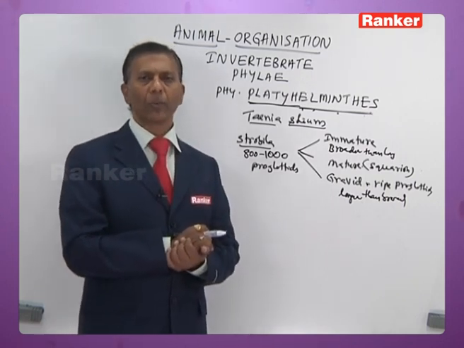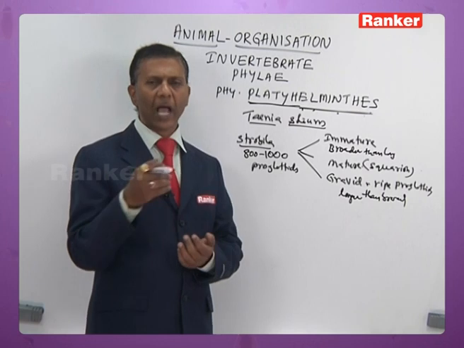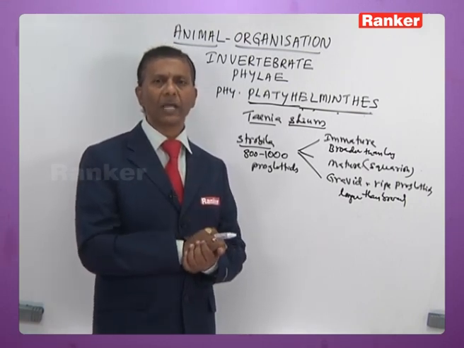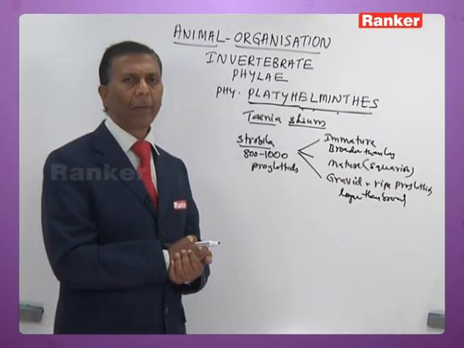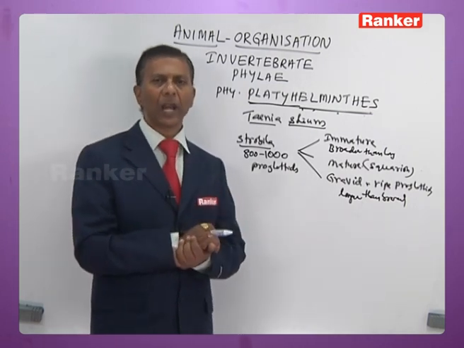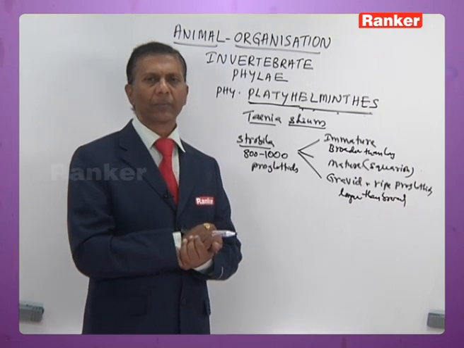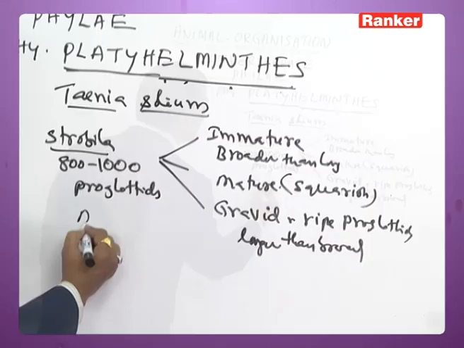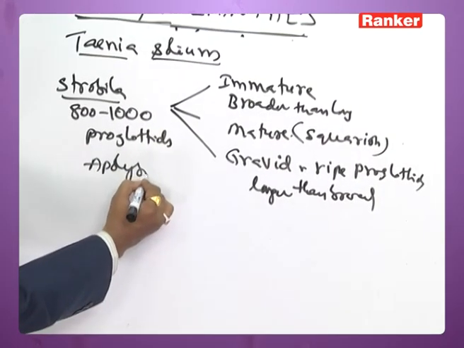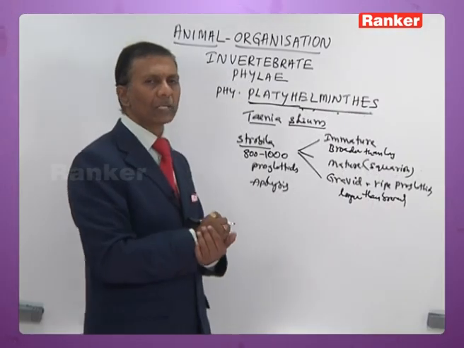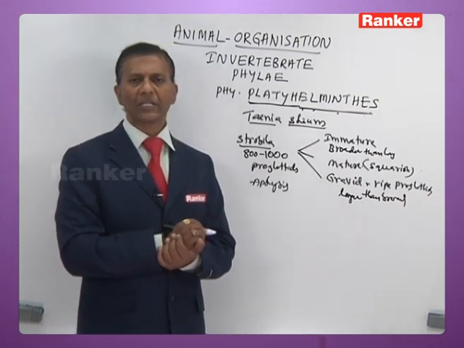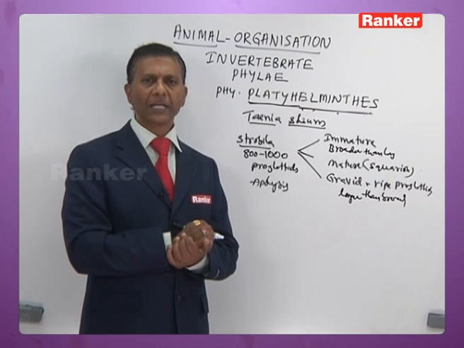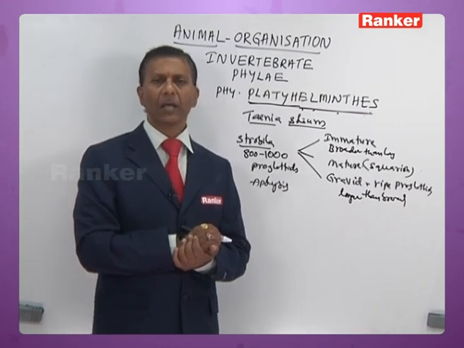Once gravid proglottids are formed in large number, they get detached from the parent and come out along with the feces for dispersal. The phenomenon of the detachment of proglottids to ensure dispersal and propagation of the parasite is called apolysis. It also helps in restricting the length of the parasite.